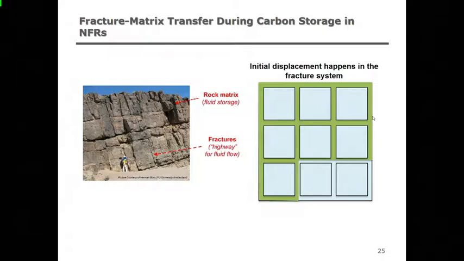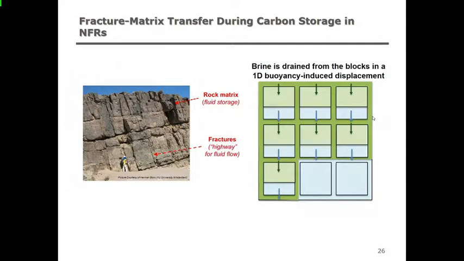So what physical process brings the CO2 into the matrix? Well, CO2, even in its supercritical state that is usually used to inject, when injected in a formation for storage, is substantially lighter than brine.